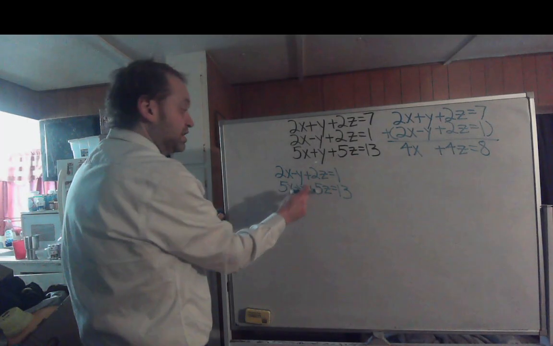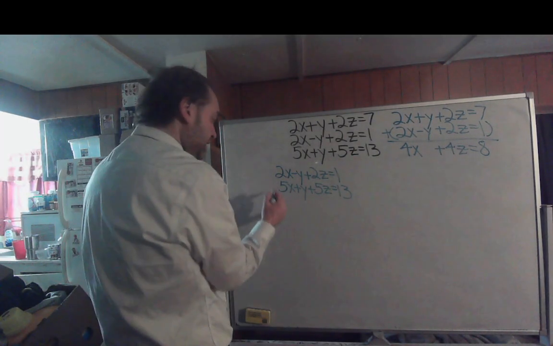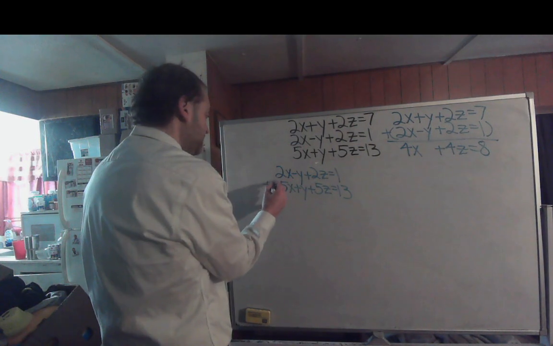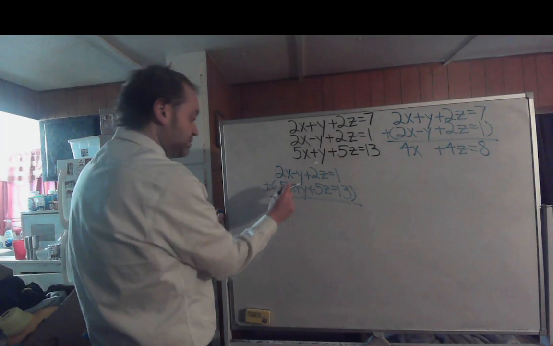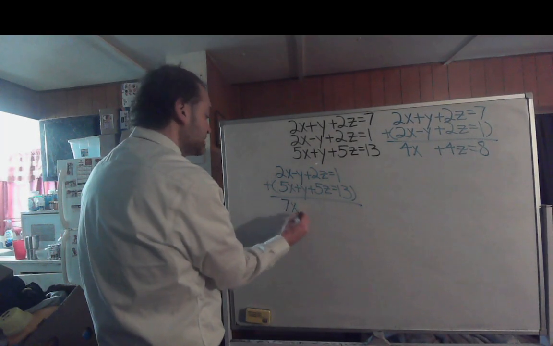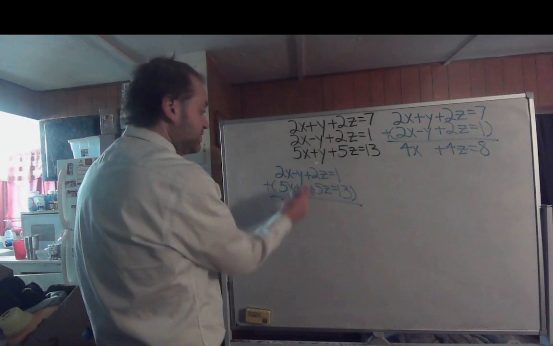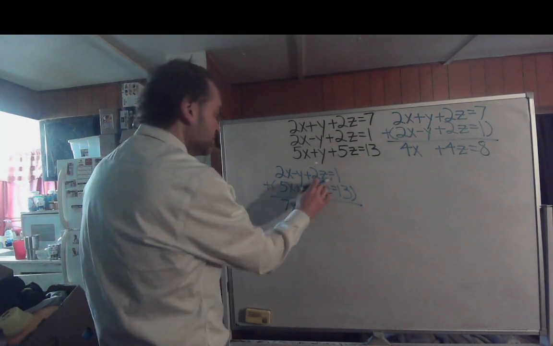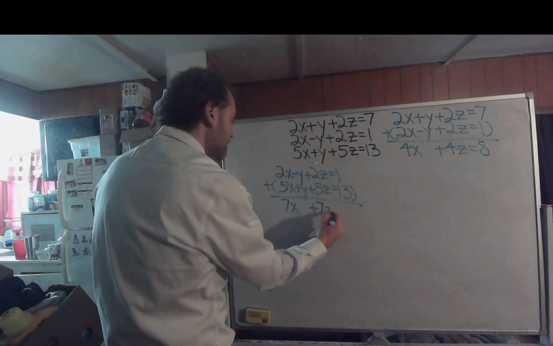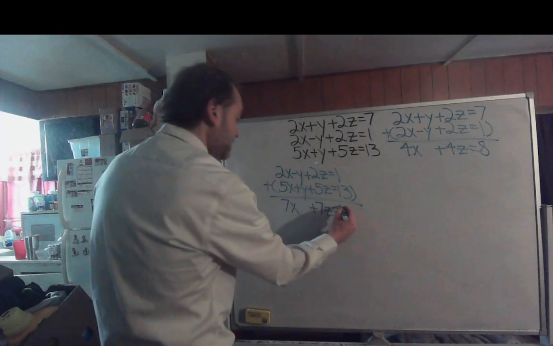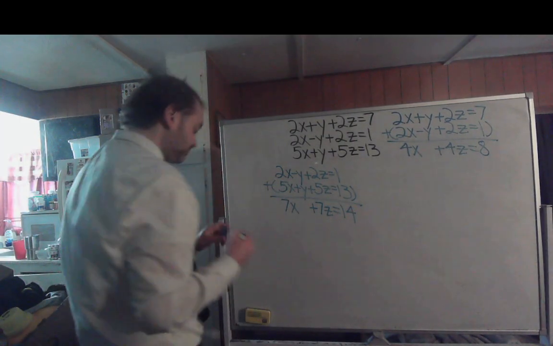And again, you can eliminate your y variable if you do that. If you just simply add them, you'll end up with 2x plus 5x is 7x. And then you'll have negative y plus y, the y goes, 2z plus 5z, that would be plus 7z, would equal 1 plus 13, which is 14.